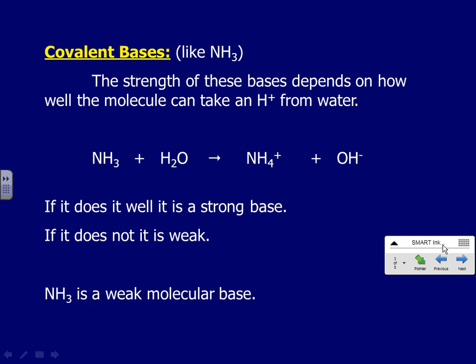Let's now talk a little bit about covalent bases, molecular bases. And actually, we're going to be talking about molecules from here on in because all of our acids are molecular. So now we're going to be talking again about our Bronsted-Lowry theory.